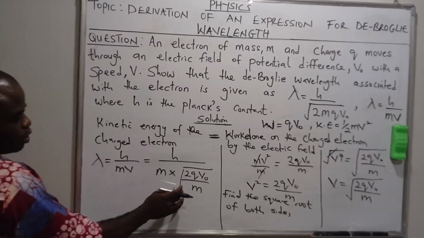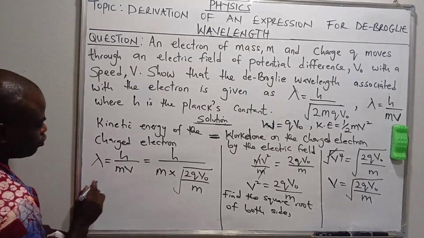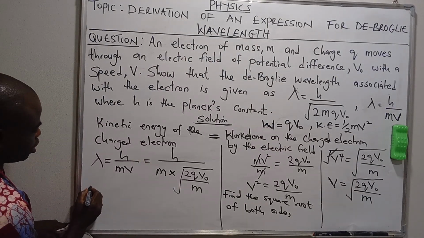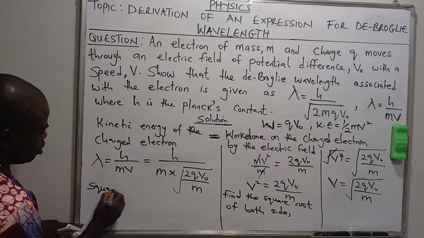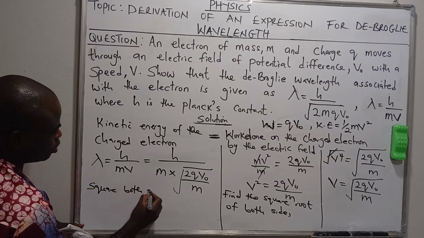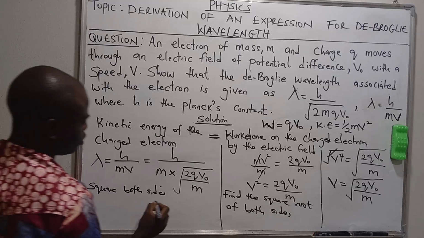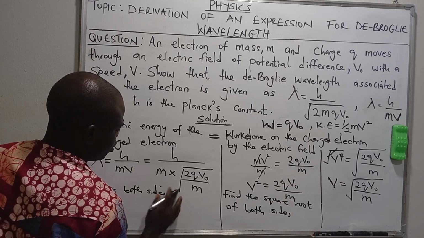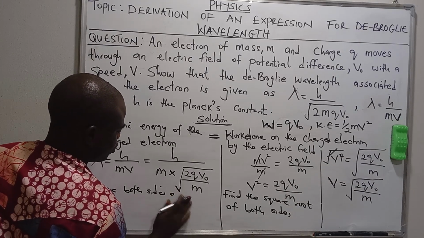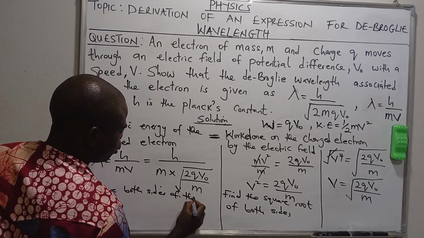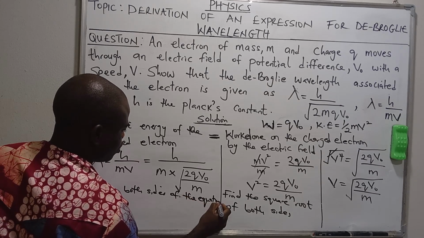Now we have to remove this square root. Now square both sides of the equation.